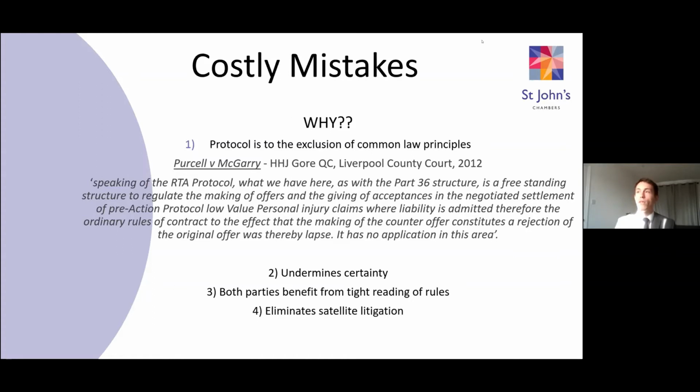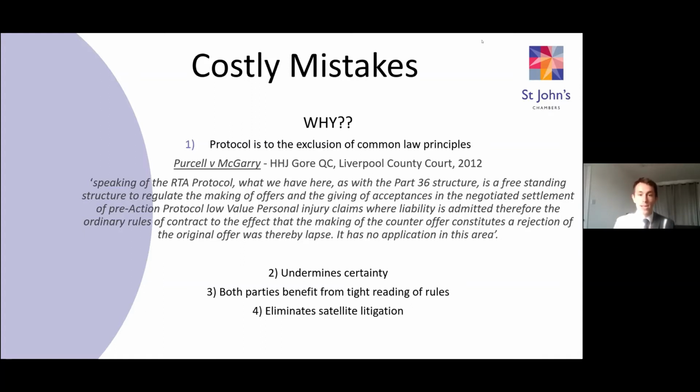They know this will be done by this date, that will be done by that date. This is how you calculate your offer. This is what you put in this box and that box, and so there is no room for any misunderstanding. Again, linked with that is the idea that both parties benefit from the tight reading of the rules. Claimants benefit because it is an easy, quick process by which hopefully claims can be dealt with expeditiously and without recourse to the long court process.